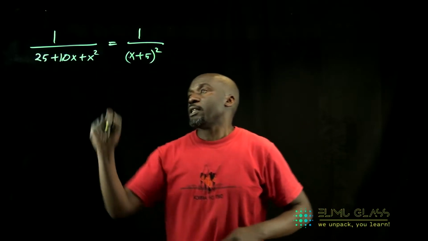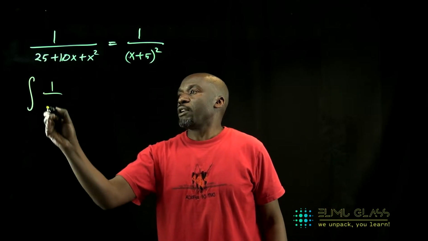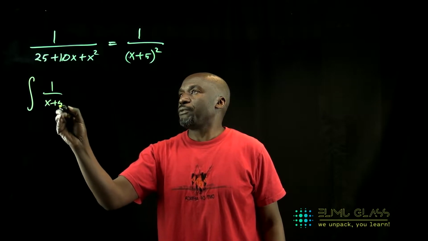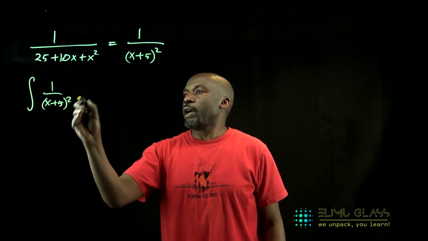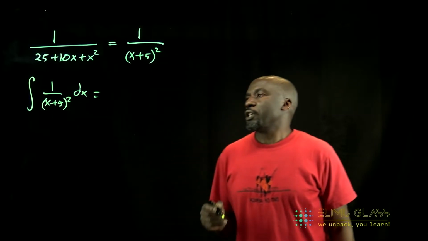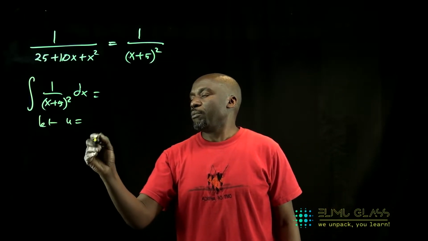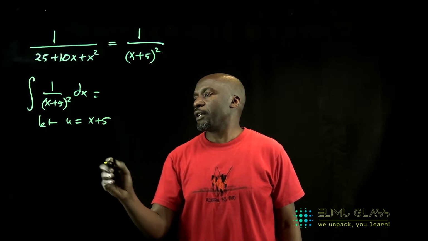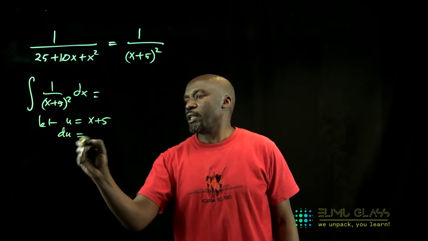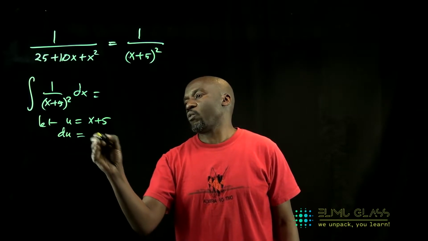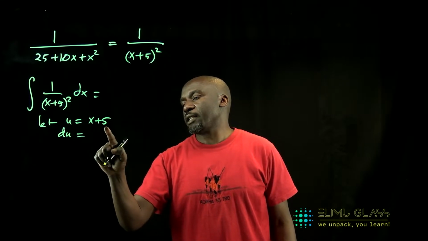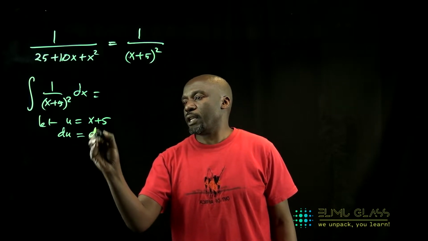So this is the same as integrating 1 over (x plus 5) squared dx, which is, if we let u be x plus 5, then du by dx is 1, so du is equal to dx.